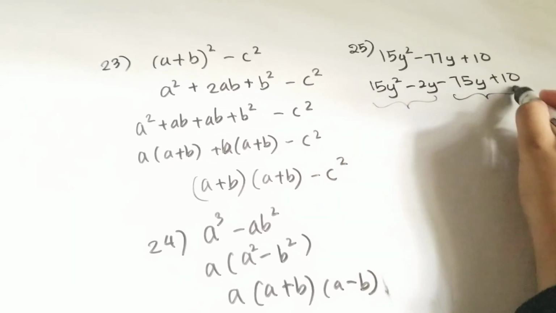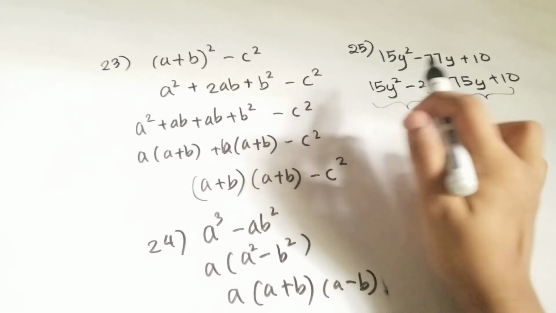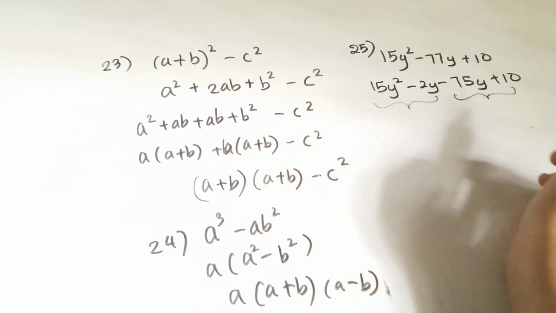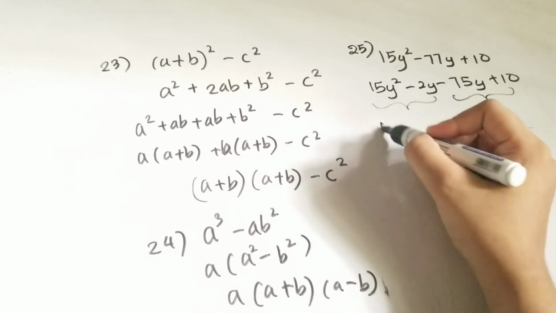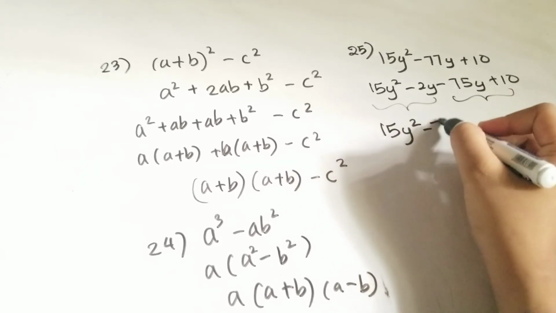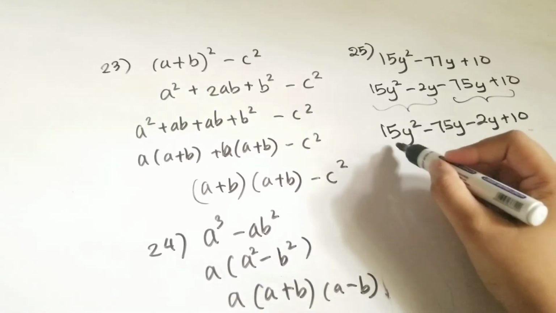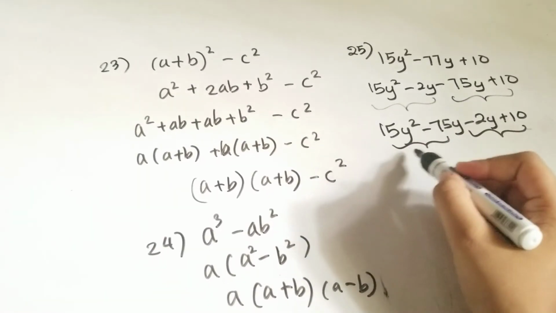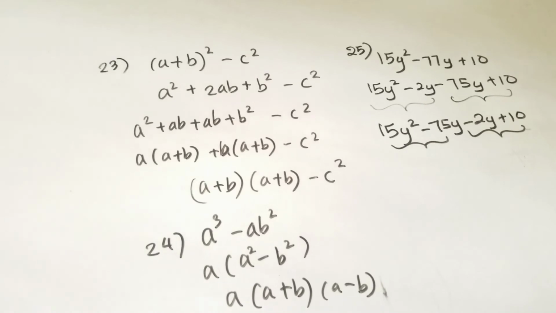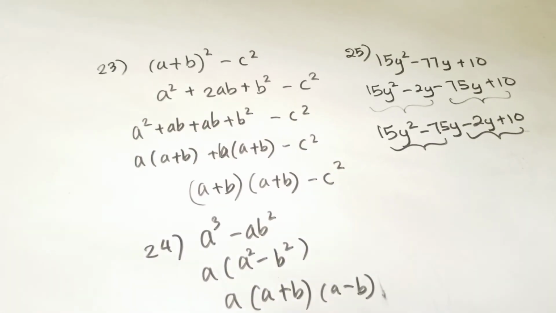Now you can categorize. 15 and 2 are there. We have to change it a bit here. I'm going to change it a bit this way. So you have to check those things, right? So 15 times what is 75? You know that 75 is a multiple of 15, so you get 5 there.